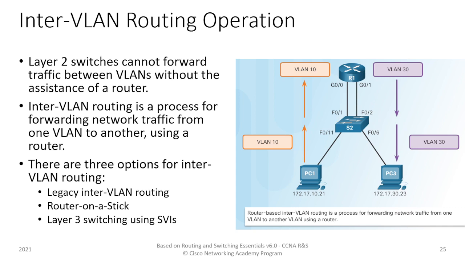So when we think about inter-VLAN routing, it is essentially carrying traffic between different parts of the network that belong to different VLANs. Say for example, in this case, PC1 belongs to VLAN 10, PC3 belongs to VLAN 30, and if these two need to communicate, that communication should go through a router because these are two different networks.